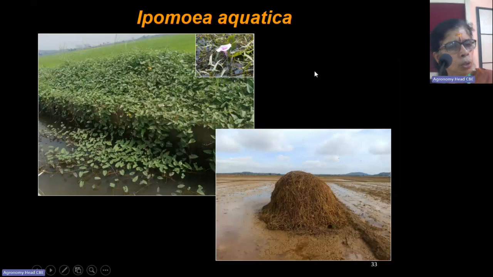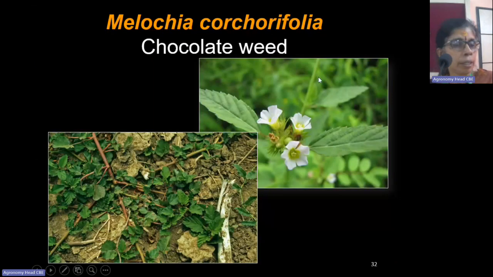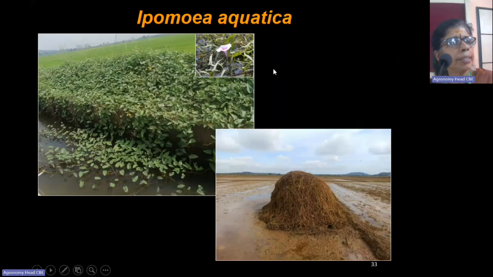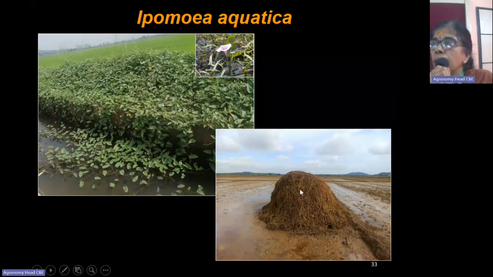And actually, this was also introduced. It was not in Kerala till recent, many years back. Probably it came through some seeds of pulses. So this is an Ipomoea species, Ipomoea aquatica, which you might have seen in kole lands, especially during the water fallow period.